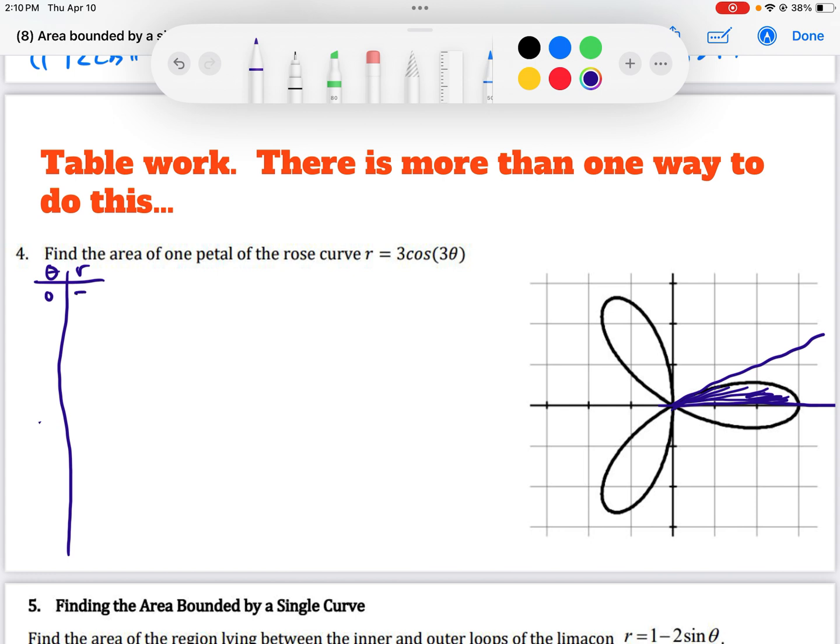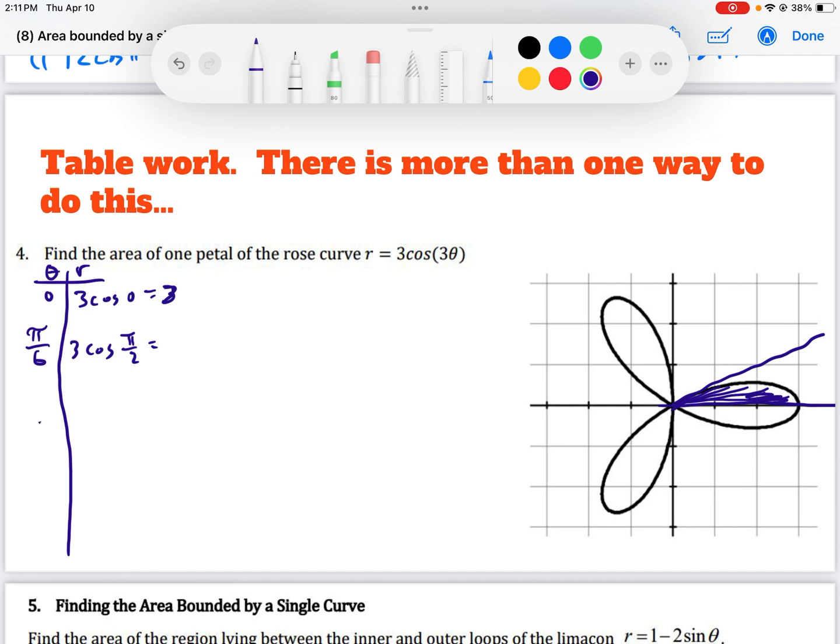If theta is 0, I get 3 cosine of 0 times 3. Cosine of 0 is 1, so I get 3. So when theta is 0, I get radius 3. Good. Now if I plug in the next radian on the unit circle, pi over 6, this would be 3 cosine of 3 pi over 6, so pi over 2.